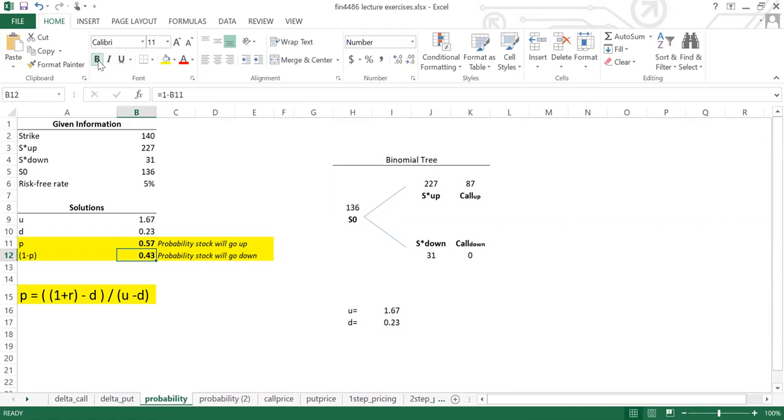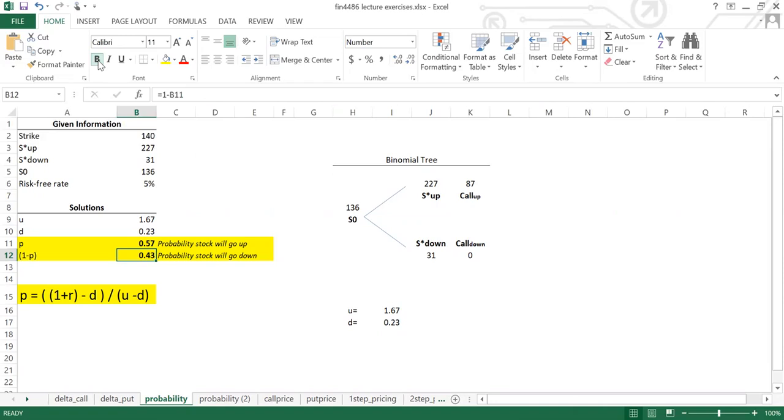So let's not be confused about these things. First, you calculate P, but keep in mind the meaning of P. P is the probability that the stock price will move up. And because the two trees, the stock tree and also the options tree, share these probabilities, this is also the probability that your call option will end up in the good state of the world. 1 minus p is exactly that.